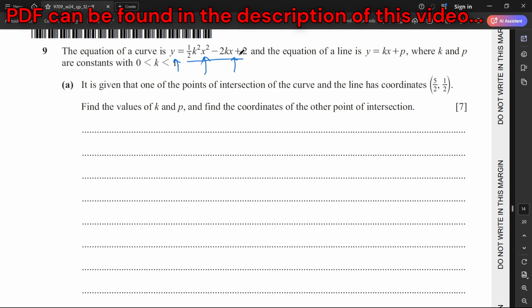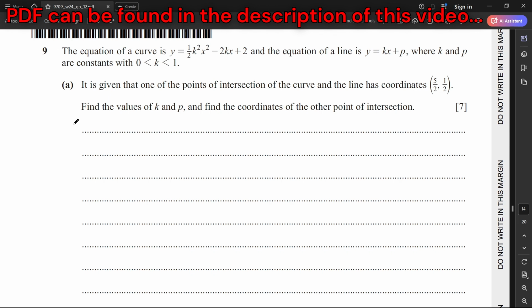There is no p, no x, no y. And then because the equation is just in terms of k, I can go ahead and get the value of k that is in between 0 to 1. Then once I have the value of k, I can again use the value of x as 5 by 2 and y as 1 by 2 to get the value of p, because even this point is satisfied for this equation.